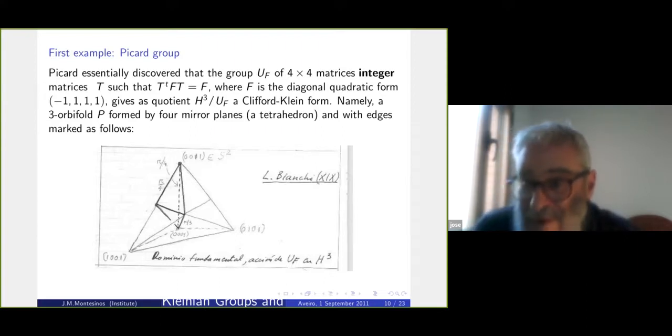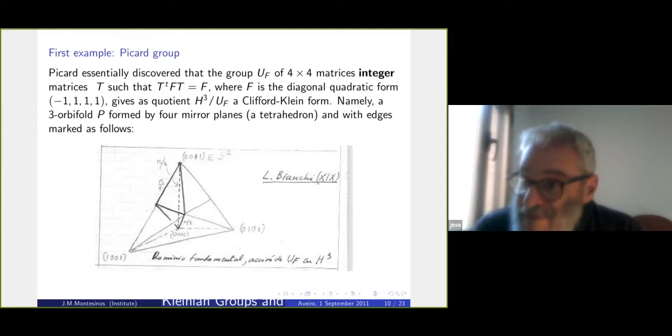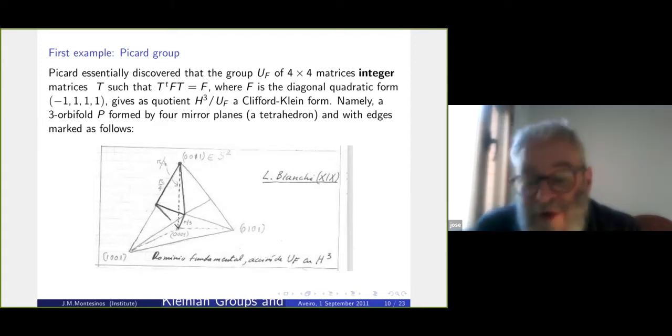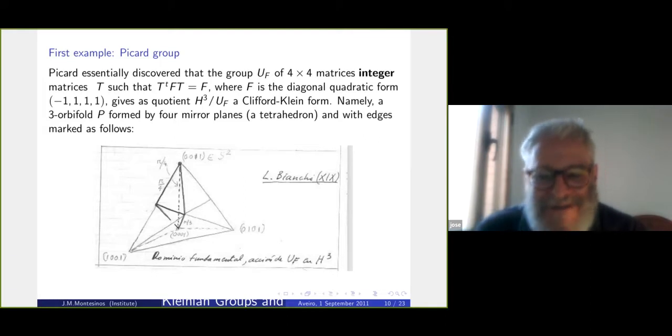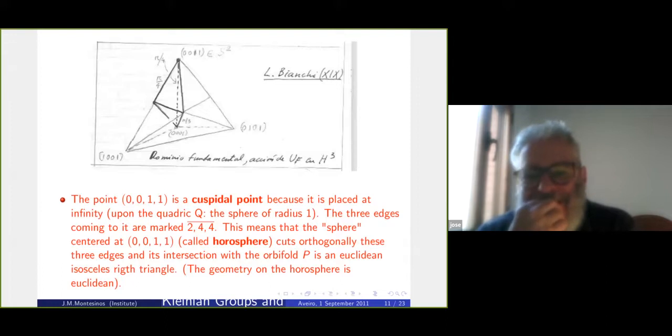Now it's an orbifold. It's a tetrahedron, but the faces of the tetrahedron are mirrors. And the edges of the tetrahedron correspond to corner singularities. Here downstairs, you can see the point, what I have written, it's a cuspidal point because it is placed at infinity.